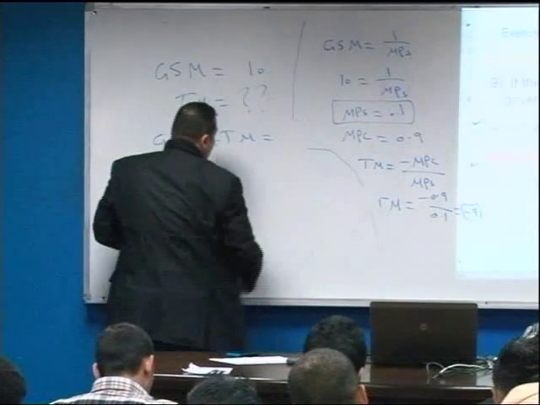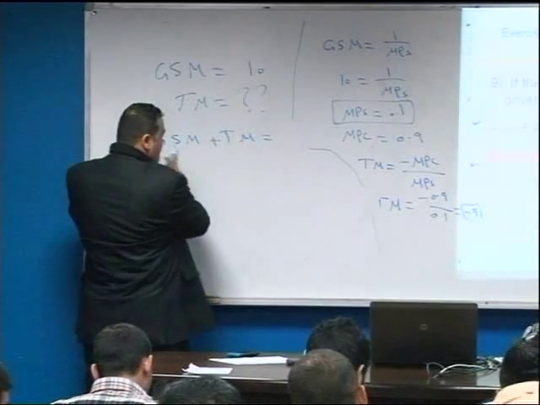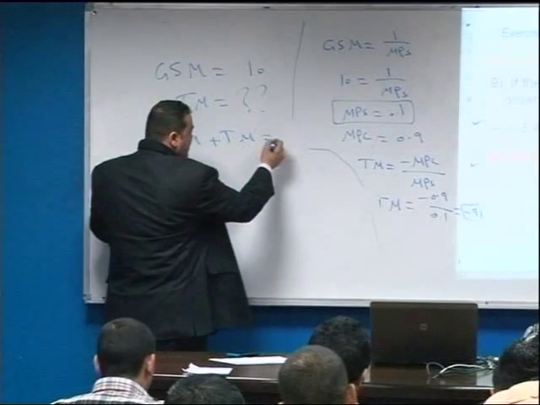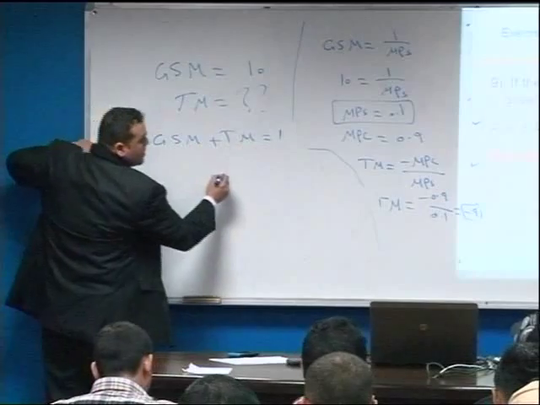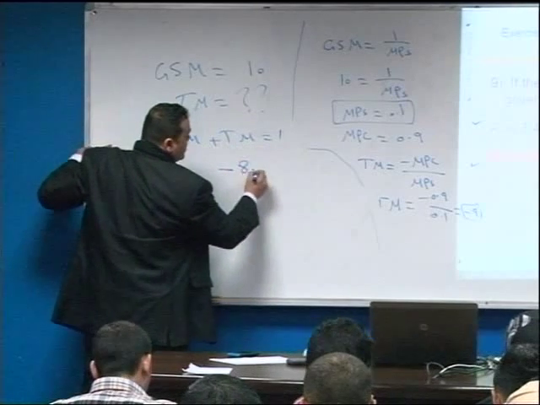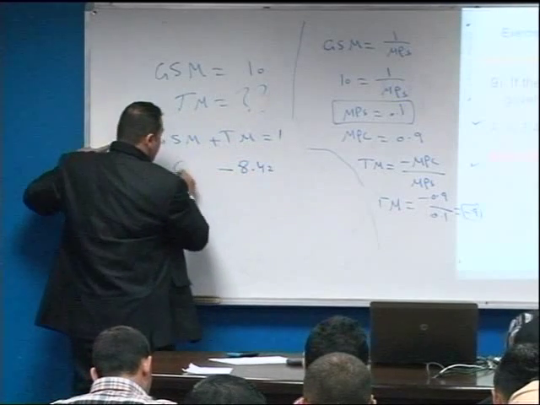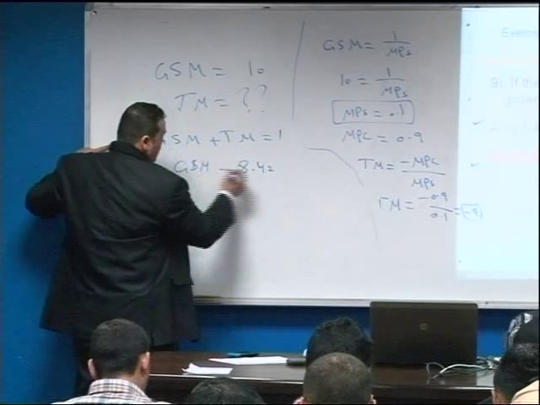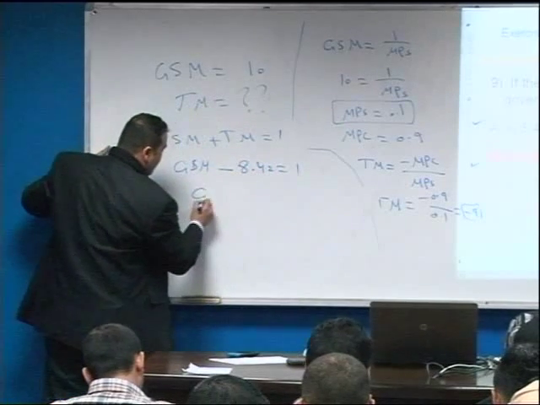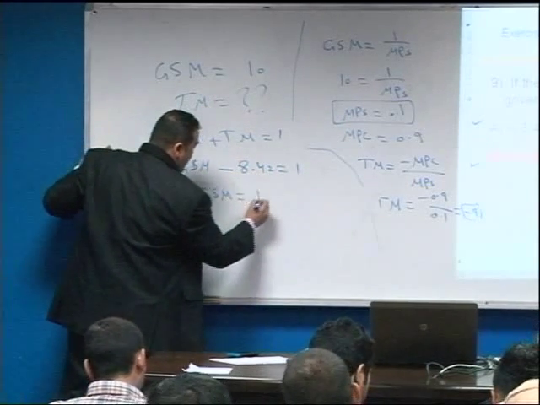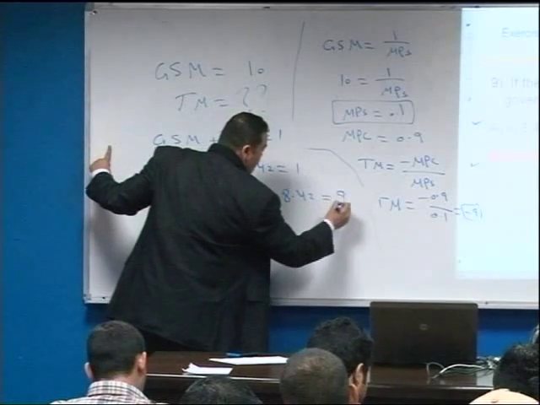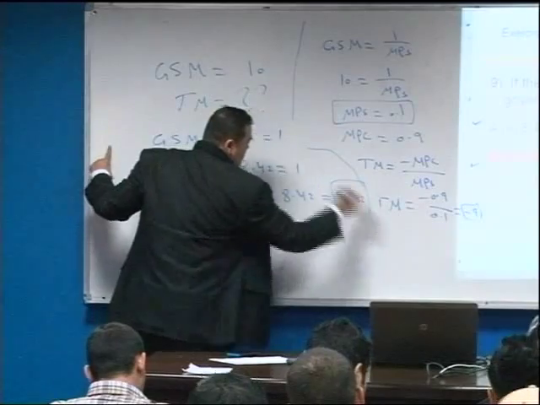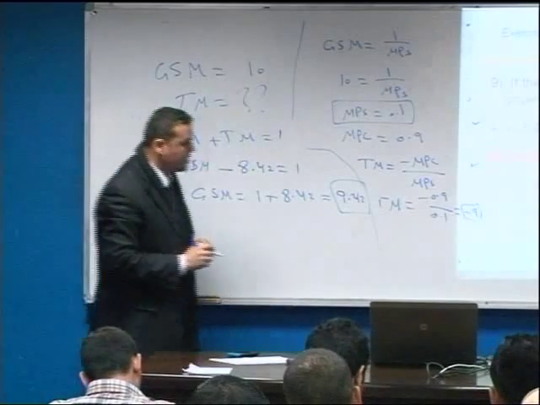So the tax multiplier is minus 8.42, and the government spending multiplier plus that equals 1. So the government spending multiplier equals 1 plus 8.42, which is 9.42. Yes, so the answer is B.